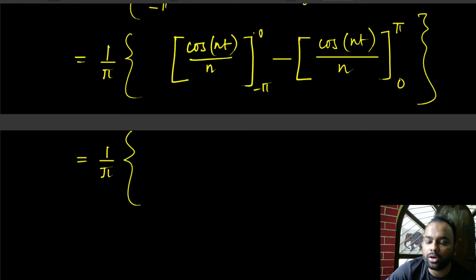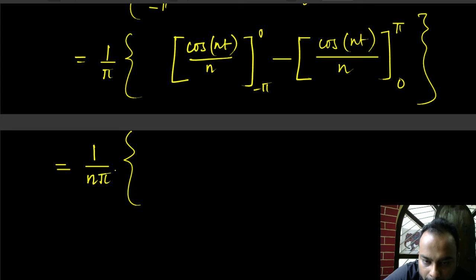So let's put 0. If I put the upper limit 0, what do I get? Cos 0 is always 1. So instead, let's do something useful. Let's bring the n, which is in the denominator of everything, outside. So outside I have n pi, and let's deal with the cosinusoids inside.